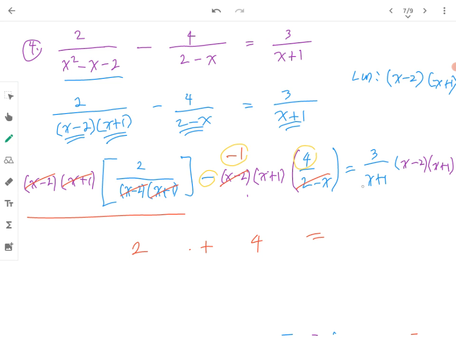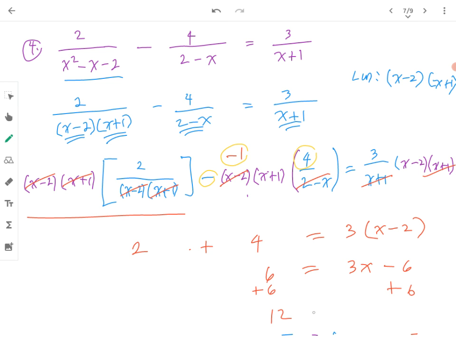And here this one will be cancelled and this one will be cancelled. So 3 is now distributed to x minus 2. So we have here 6 equals 3x minus 6. Then we need to combine the 6 and another 6.